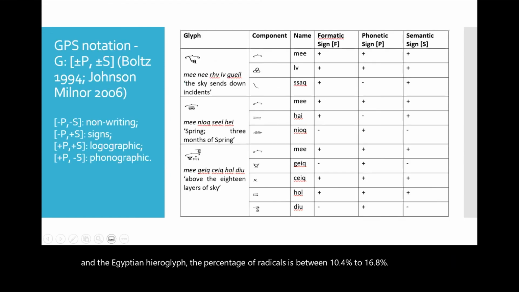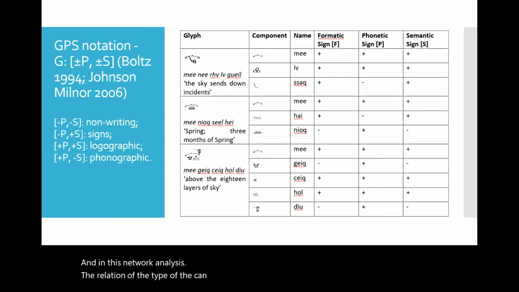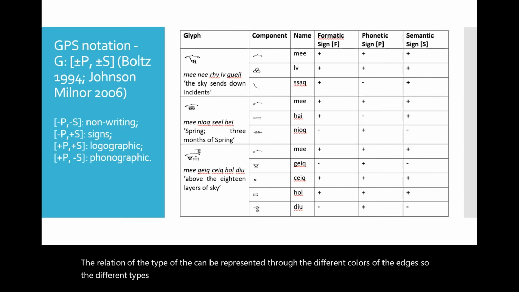In this network analysis, the type of link can be represented through the different colors of the edges, so the different types of connections between the written symbols and the language.